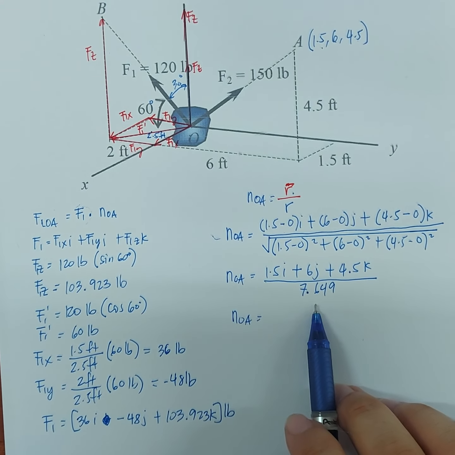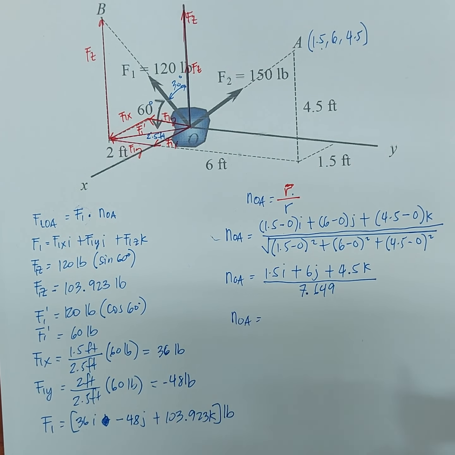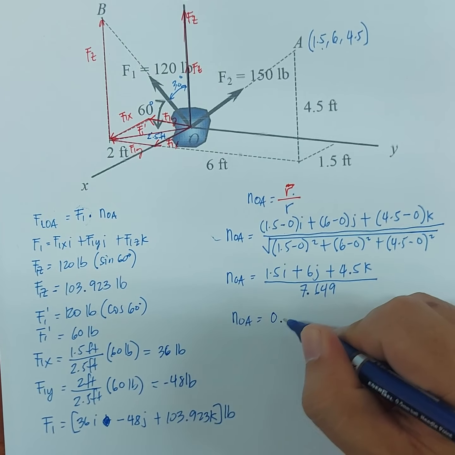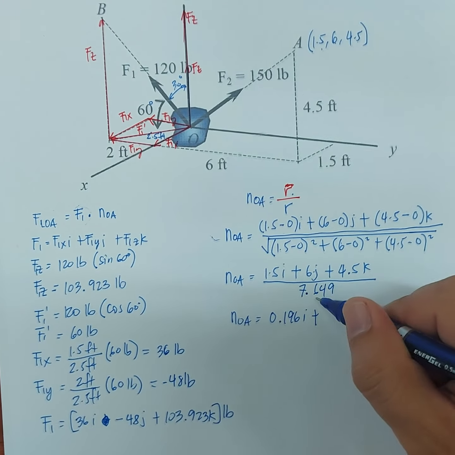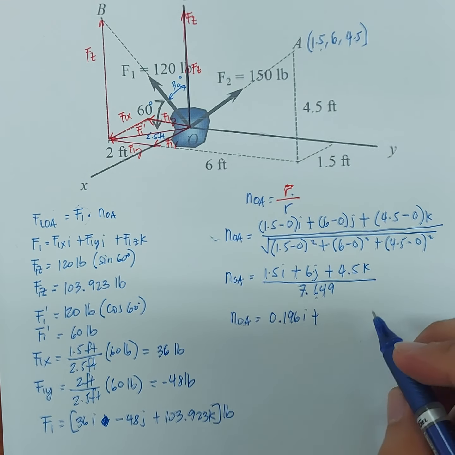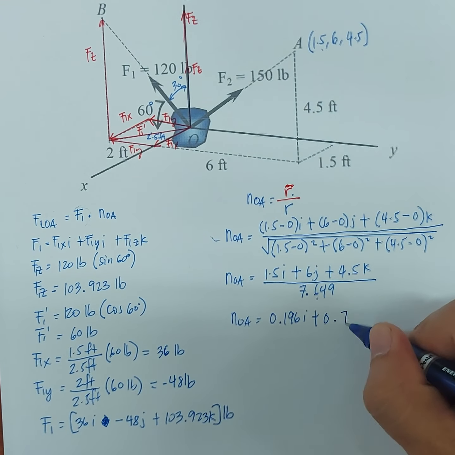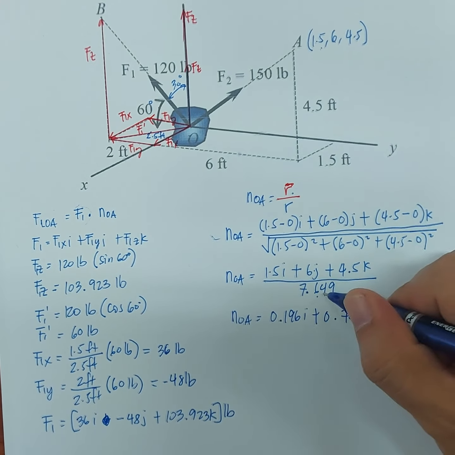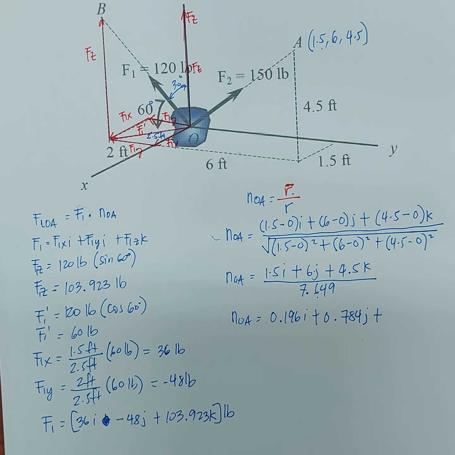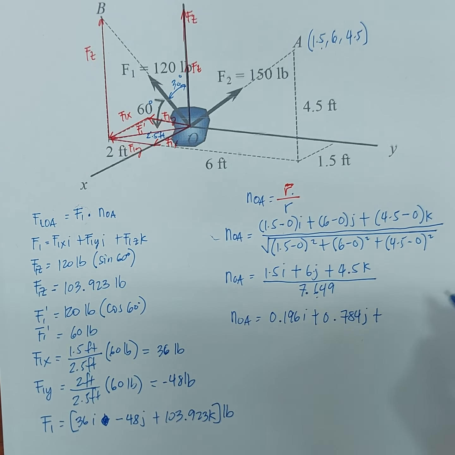So, 1.5 divided by 7.649, that is 0.196i. Plus, so 6 divided by 7.649, that is 0.784j. Plus 4.5 divided by 7.649 is 0.588k.